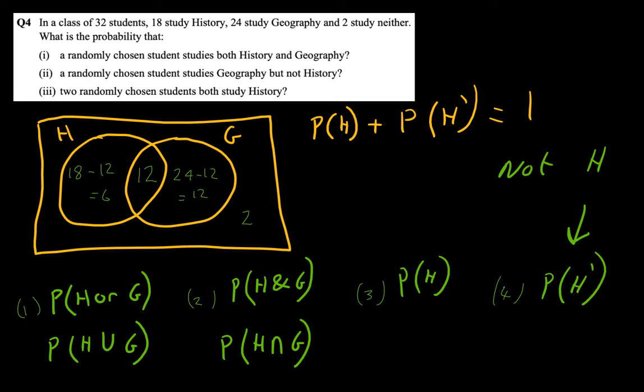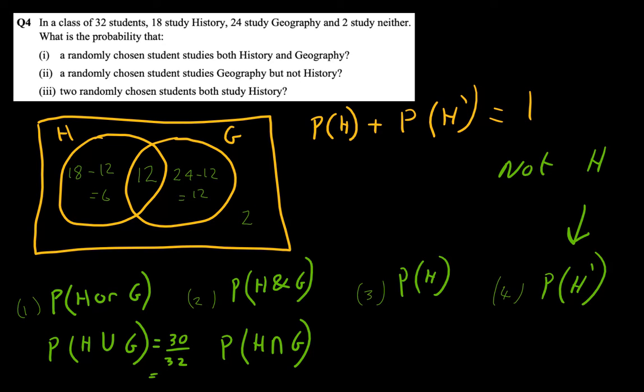Okay, so the probability of H or G is you're going to add up all these things. We're in this region here. So 12 plus 12 is 24, so we've got 30 over 32.